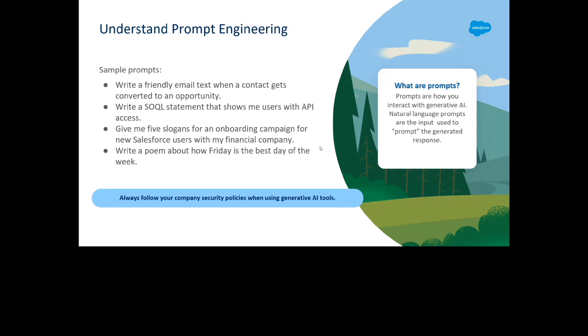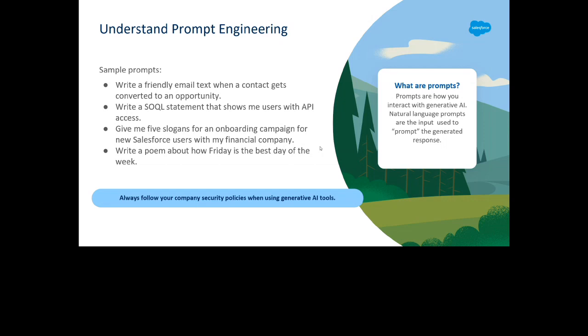So what is the difference between ChatGPT and Einstein GPT? I know Shubham is going to cover more about ChatGPT, but this is just a summary. ChatGPT and Einstein GPT are both generative AI tools. The difference is that for ChatGPT, the source is the internet.